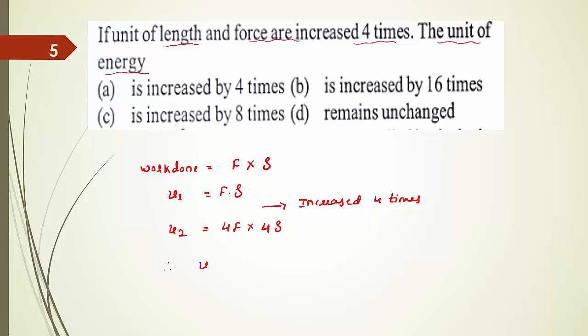So therefore u2 is equal to 4 into 4 will be how much? 16 into F into S. What is F into S? u2 equal to 16 into u1. So when force and length are increased 4 times, then the unit of energy is increased 16 times. So option B is the right answer.